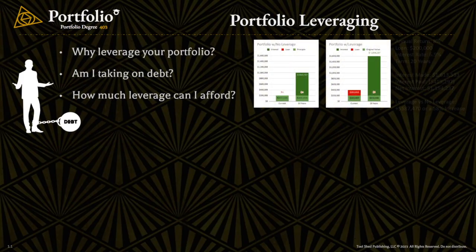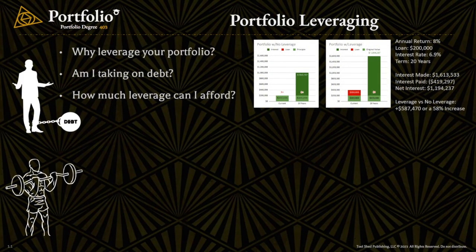Now in this chart here, this is an example of what it looks like when someone with a $200,000 portfolio invests just the $200,000 versus someone else that chooses to fully leverage their portfolio and take on another $200,000 worth of debt. At the end of the 20 years without leverage and earning an 8% return, you would have about $1 million.